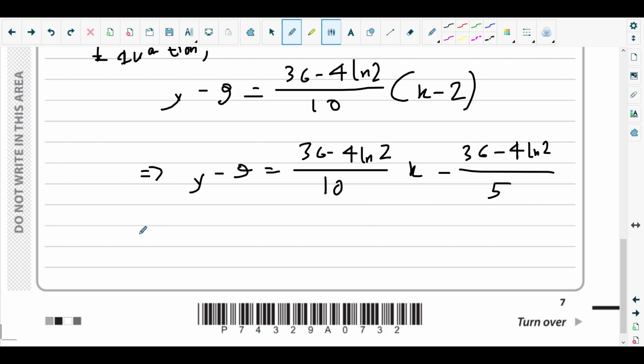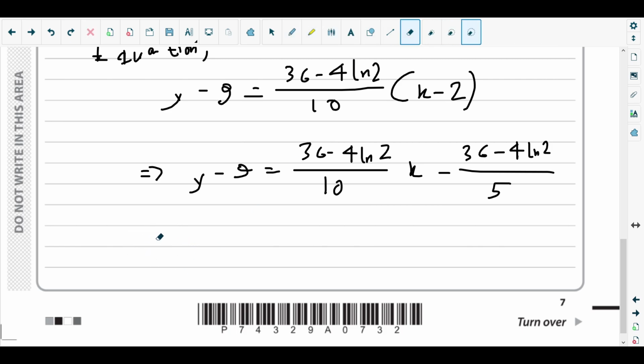Just we need to make what? x the subject. So if you want to make x the subject, just keep in mind we need to find out the point where the line is intersecting the x-axis, right? So this is the equation that we got there.